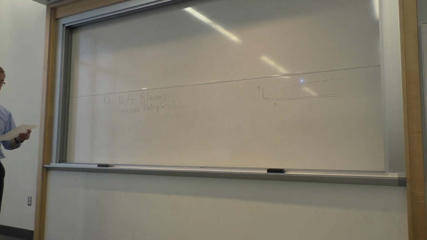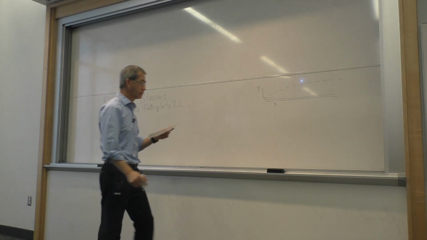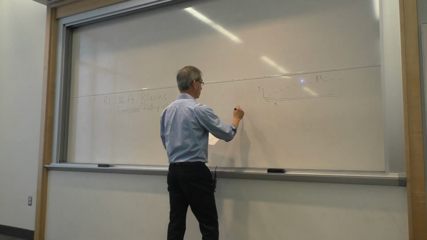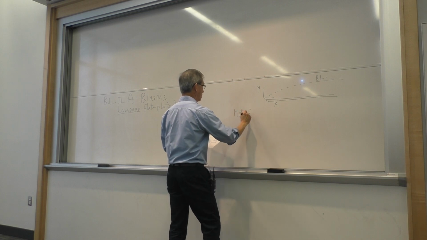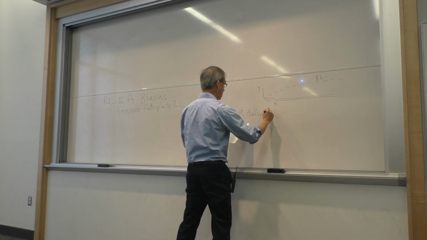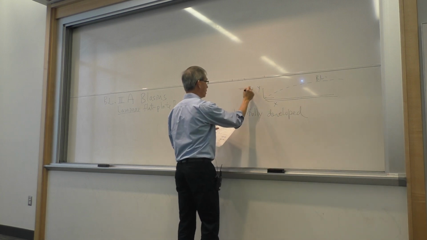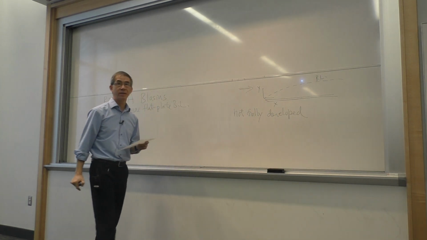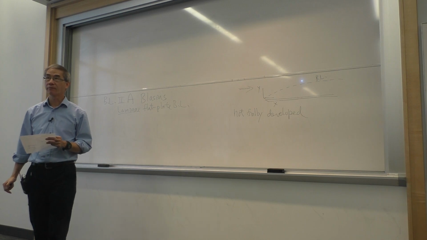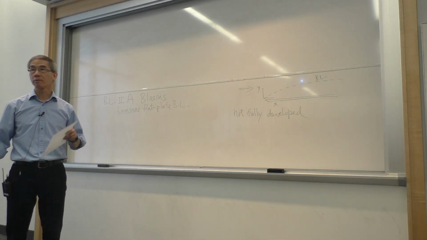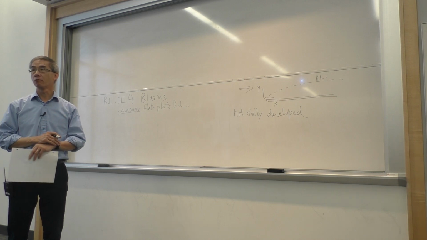XY coordinates are shown, and the dashed line represents the edge of the boundary layer. Now this is very critical, because the flow is always continuous from leading edge to trailing edge. This is never a fully developed flow, simply for the fact that it's not confined, it's not internal flow.